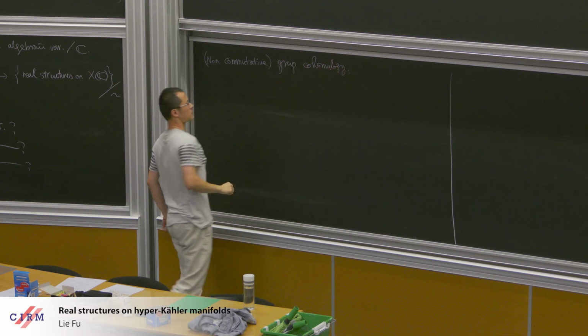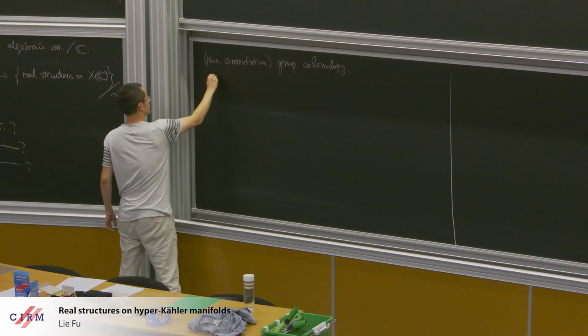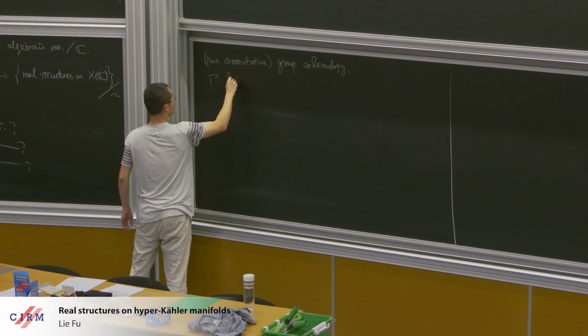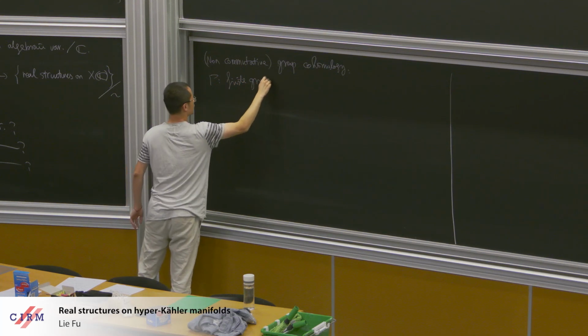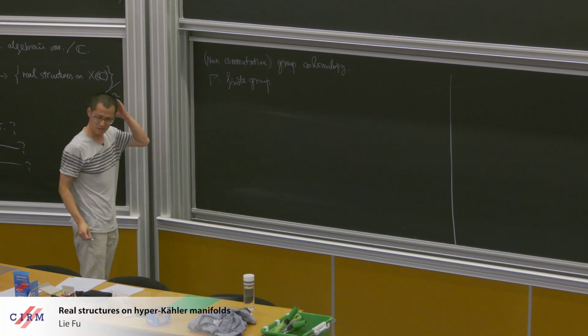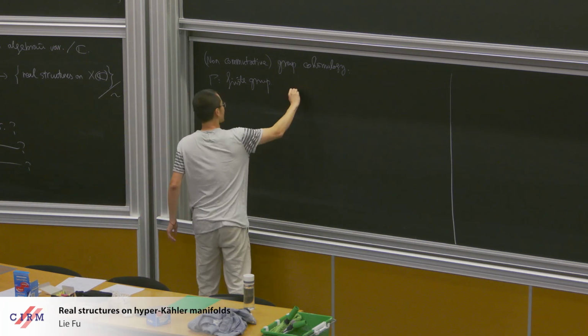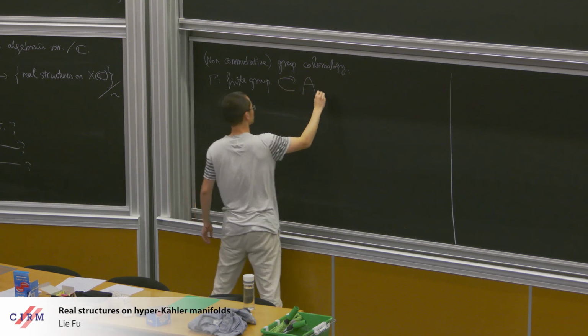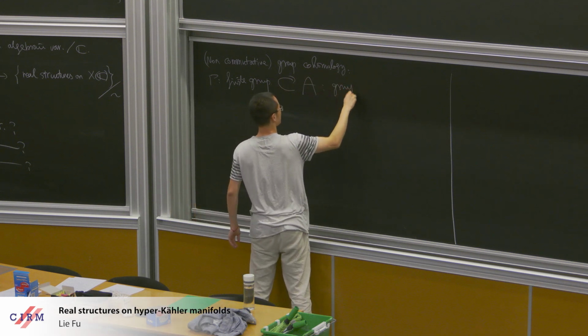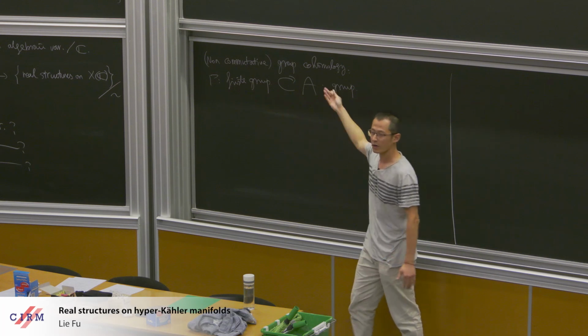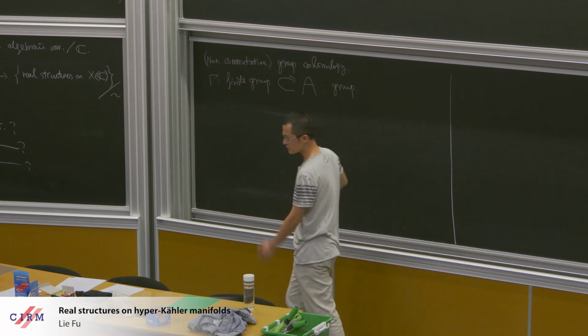If you fix a finite group, let me call it gamma, it will be Z/2 for real geometers. It acts on some other group A, so it's a group with gamma acting by automorphisms.